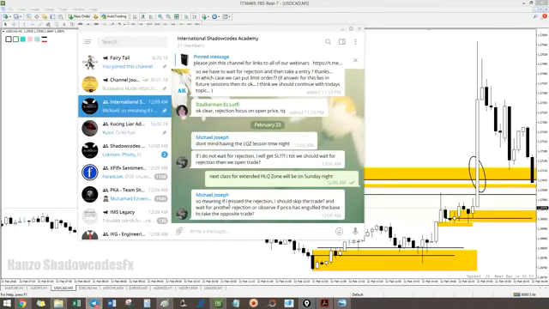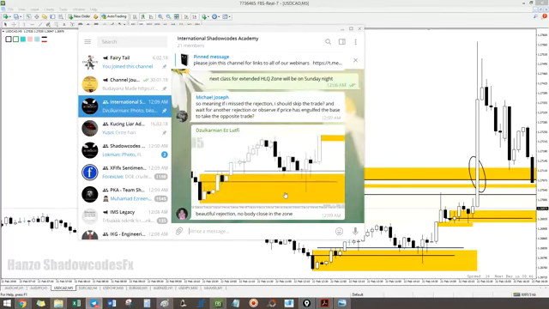So meaning if I miss the rejection, I should skip the trade. Miss a rejection, what do you mean? Yes, correct. Beautiful rejection, nobody closes inside the zone. Okay, this whole zone. All right. This one, and wait for another rejection, or observe if price has engulfed the base to take the opposite trade.